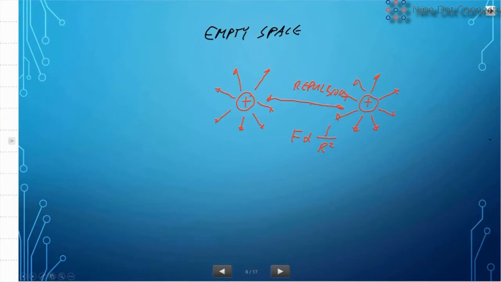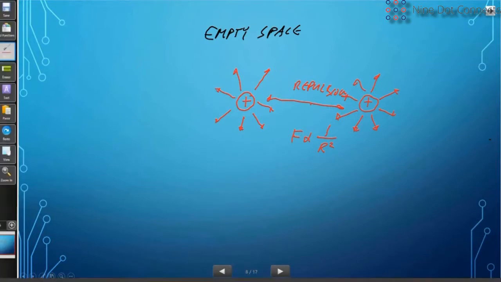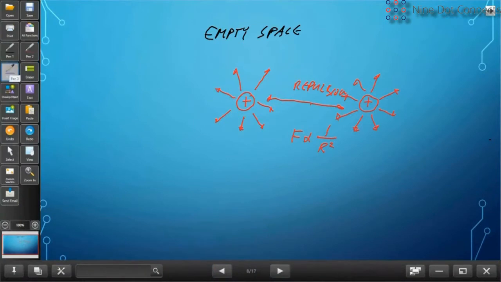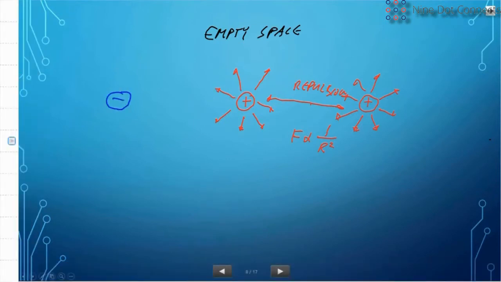Now, if the charge were not there, you wouldn't have that repulsion. Well, what if we decided that instead we're going to put in a negative charge? Simple review: a negative charge, an electron, has a field in the opposite direction.